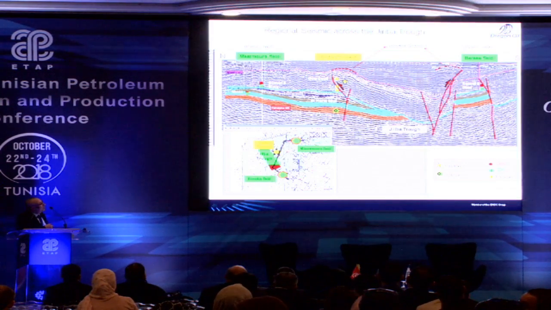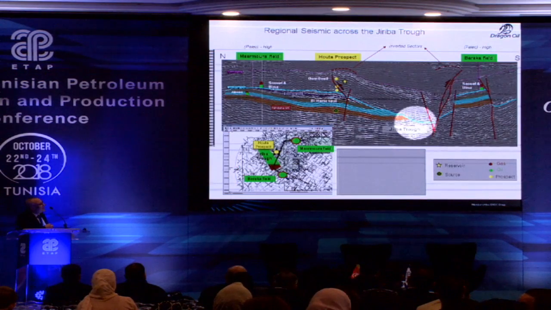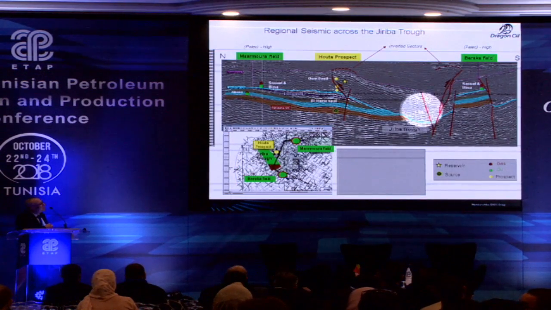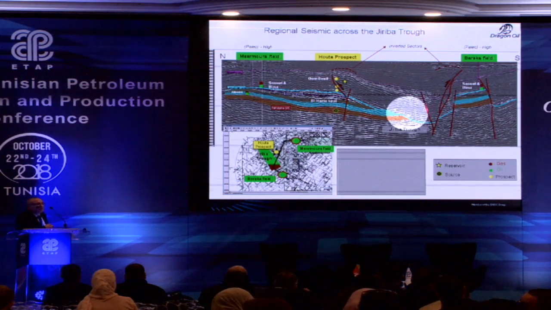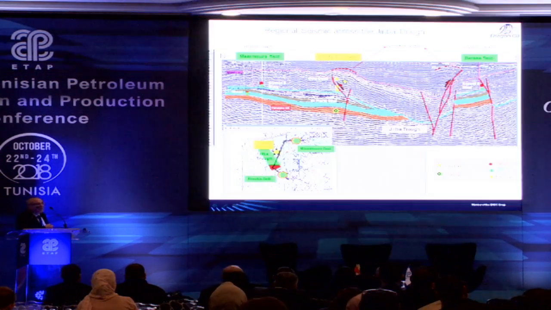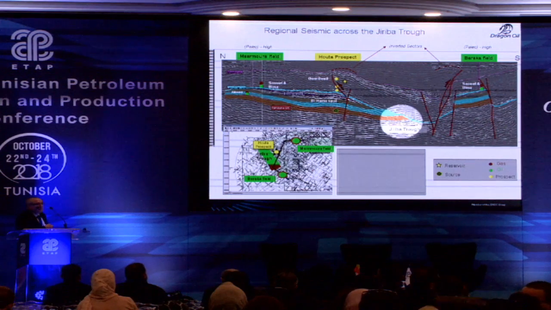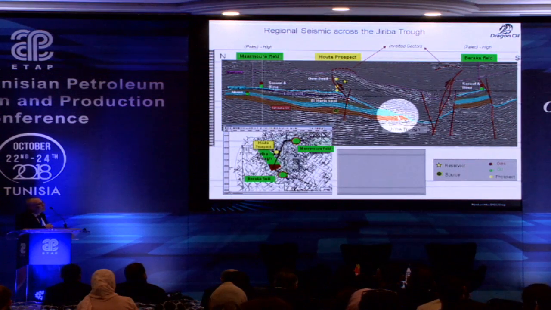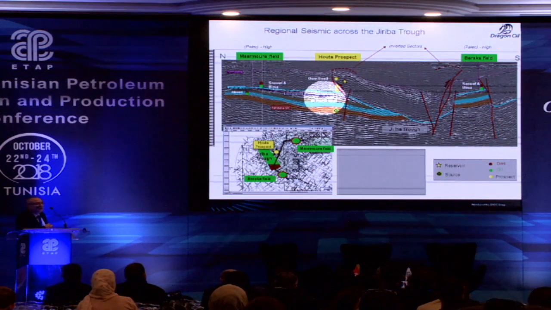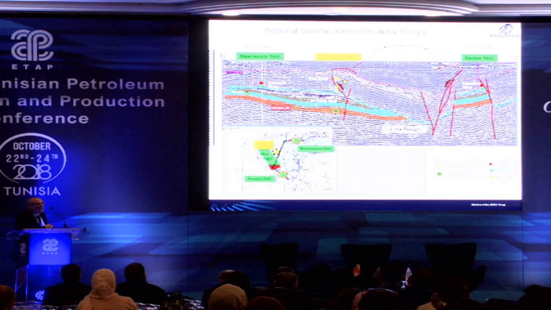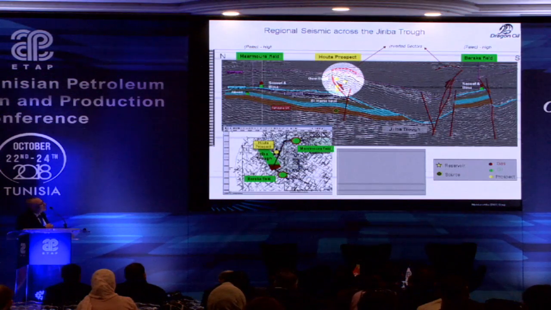Our play concept is that this is the area where the thick Miocene succession is juxtaposed with the Faden source rock, and the main expulsion and migration will occur through this carrier bed and up to the structure of our prospective area. This is our play concept, and we are going to drill in this area, which is a structural high.